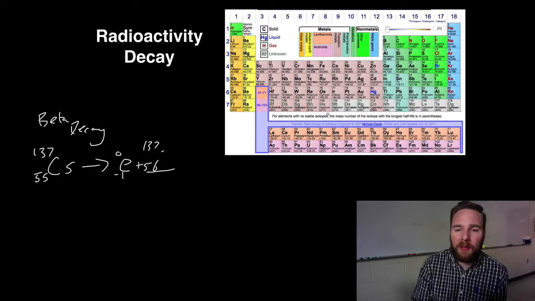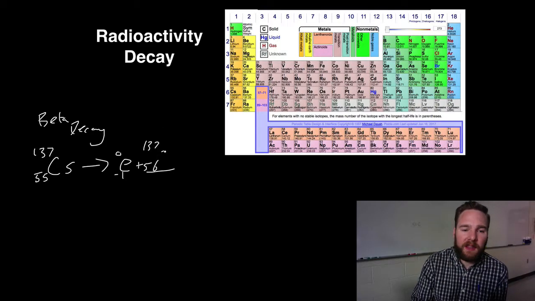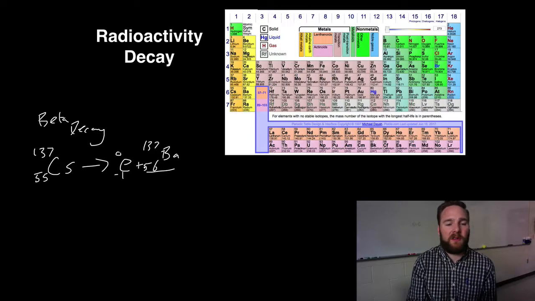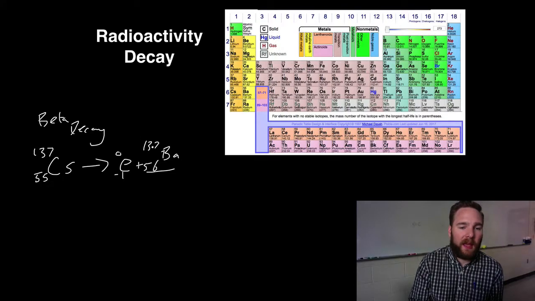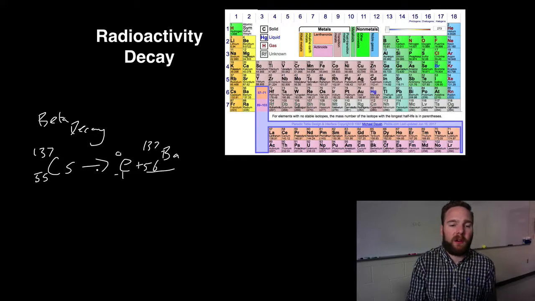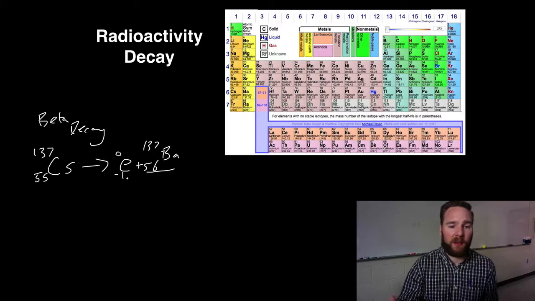So what's atomic number 56? We're going to come up here and we see that this is now barium. And one way I can check this all is, does this add up? Does the law of conservation of mass come into effect? 56 plus a -1 is 55, and 137 and 0 is 137. So we're square across it all. That's just a few of the problems we'll have an example of in this unit.